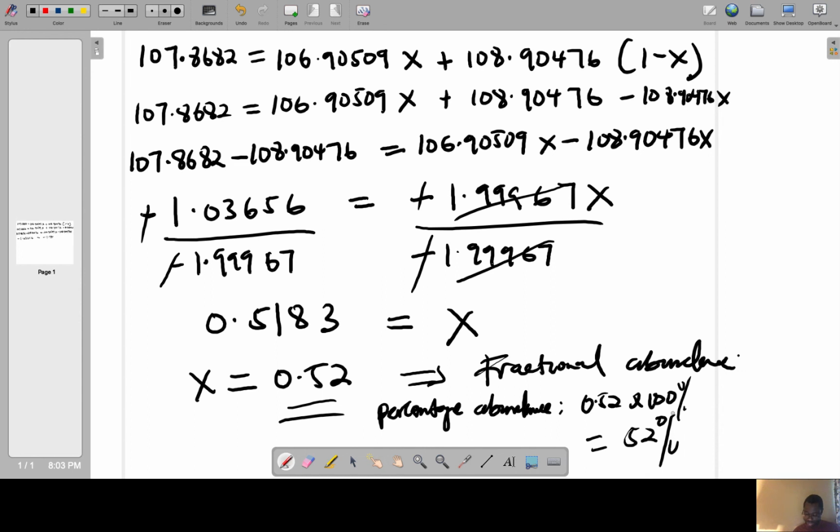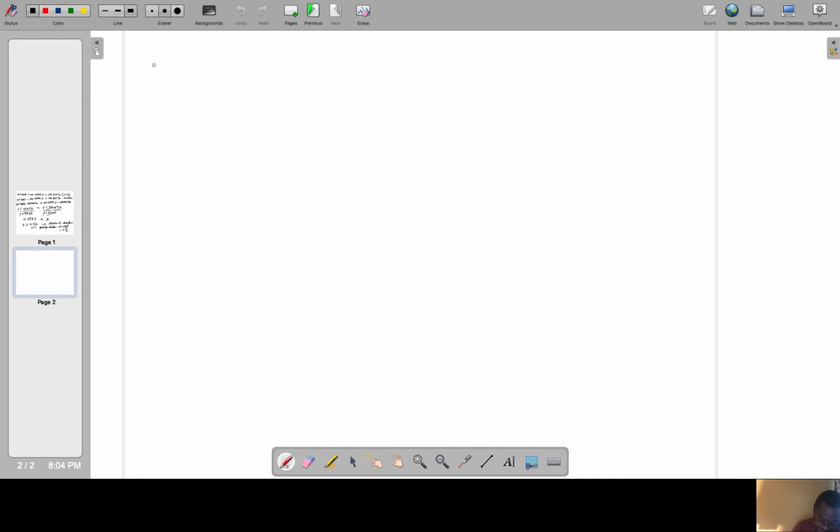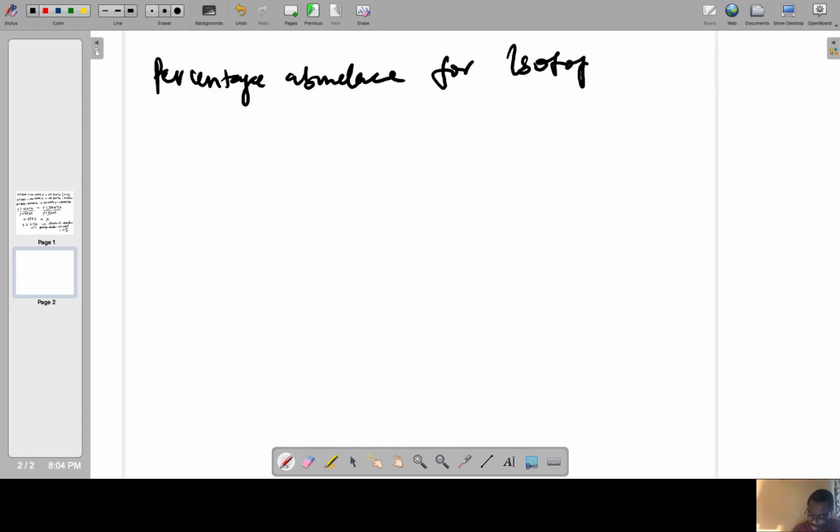So what then is the percentage abundance for isotope 2? We just subtract. Since we've converted the fractional abundance to percentage abundance, we subtract 52% from 100. So the percentage abundance for isotope 2 would just be 100 minus 52%, and this is going to give us 48%.